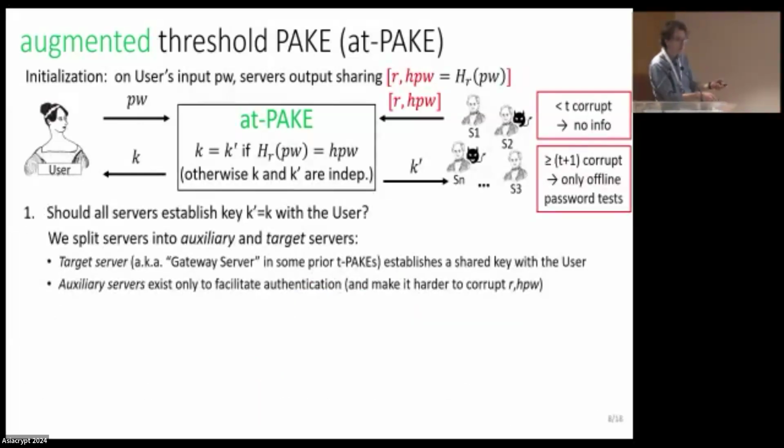Some choices of what you want the system to provide. For example, this key, who gets it among these people? Alice gets some key, and who amongst them gets the K prime? Well, we said let's have a designated server called a target of authentication, whereas all the other servers are only providing an auxiliary type of service.